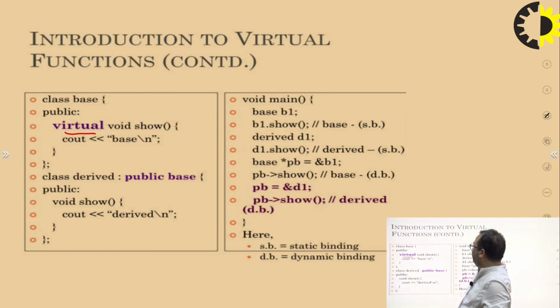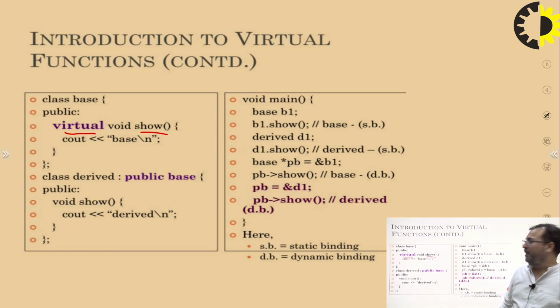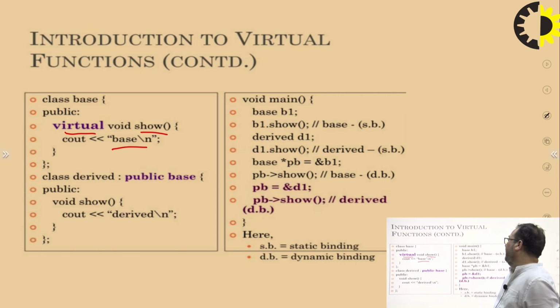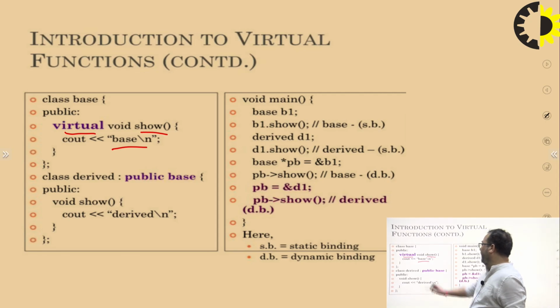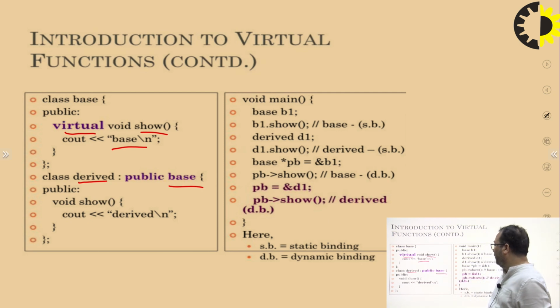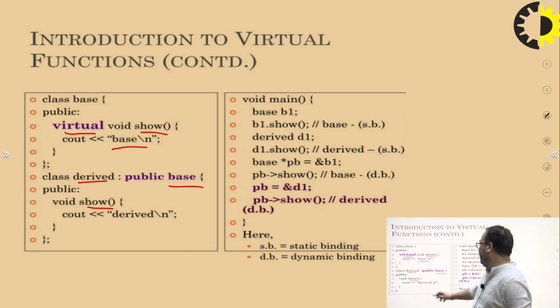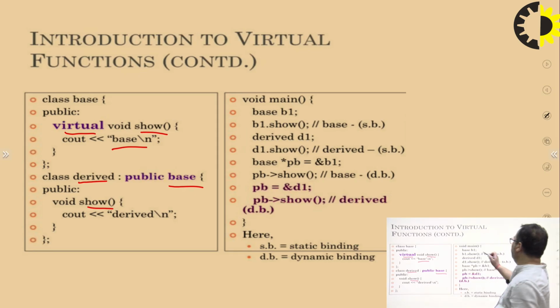See here. We have a base class, Base, and there is a function so, which has been made virtual, and there is a single line of code printing the string base. Now we have a derived class which inherits the base class. We use the same function so, and it has just a single line, derived. Now this is an object of the base class.